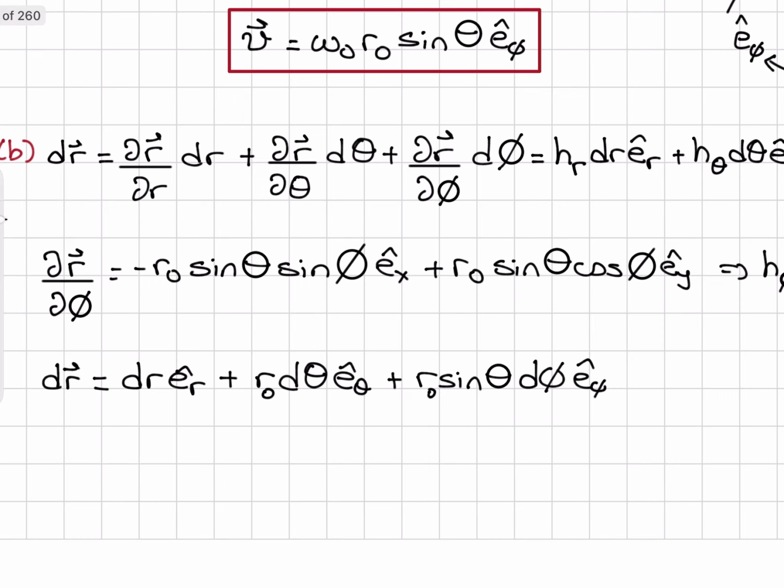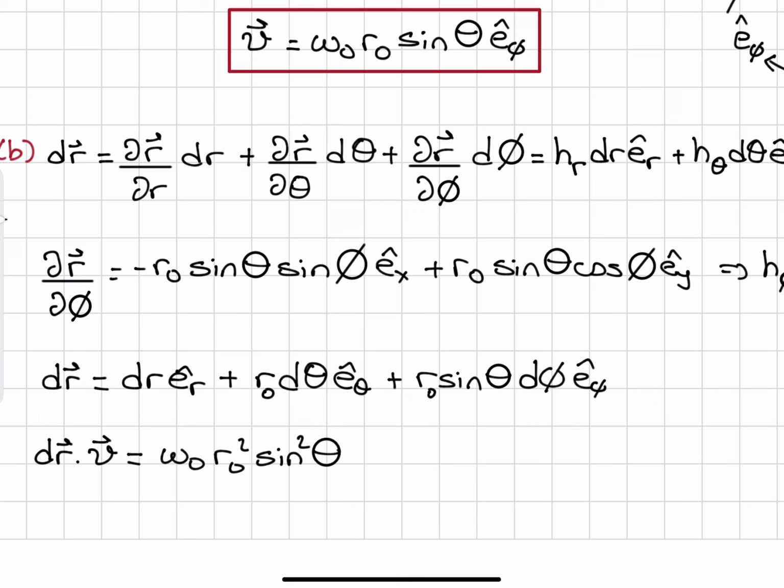So the contour integral I have to perform is the dot product of dr with v. Now you can see that the velocity vector only has a phi component. Therefore, these two will give me no contribution. I would have omega 0 r0 square sine square theta d phi. E phi hat dot e phi hat is equal to 1.